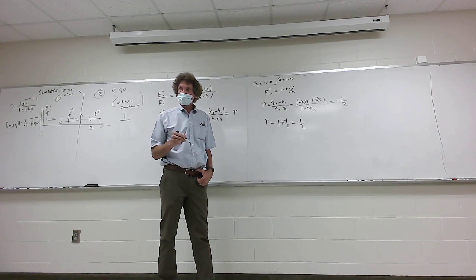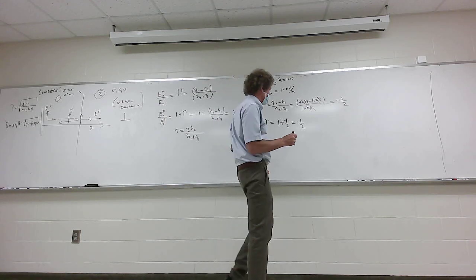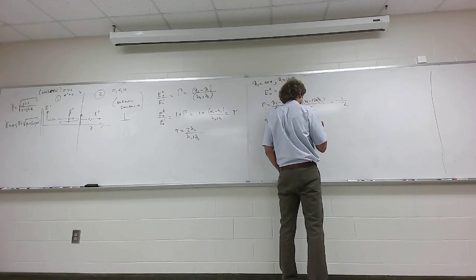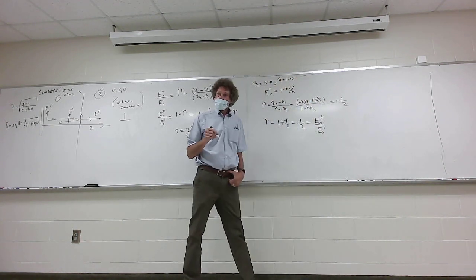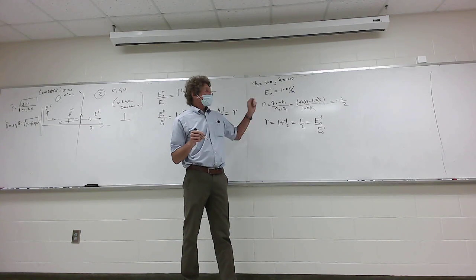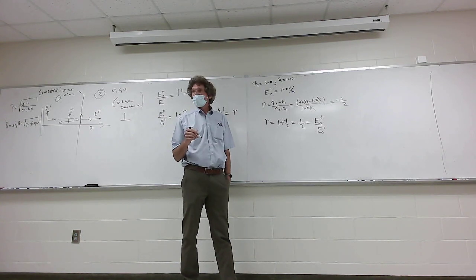Y'all see this, class? I want to make sure everybody can see. Now that I got the transmission coefficient, I know that is the ratio of E naught transmitted to E naught incident, correct? I gave you E naught transmitted at the surface, didn't I?